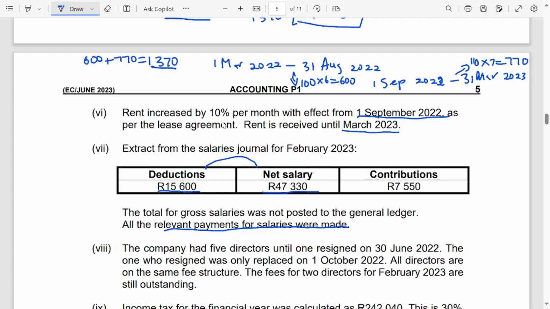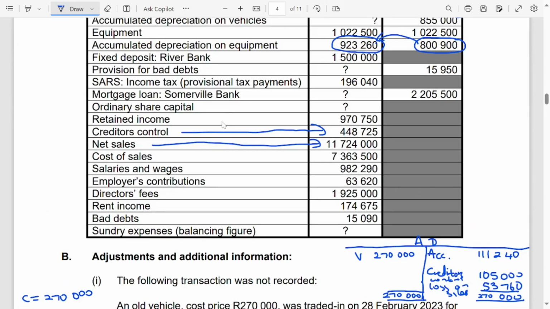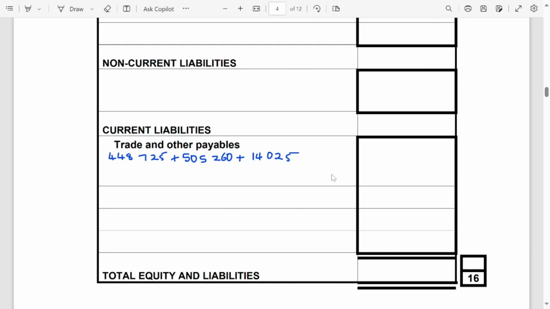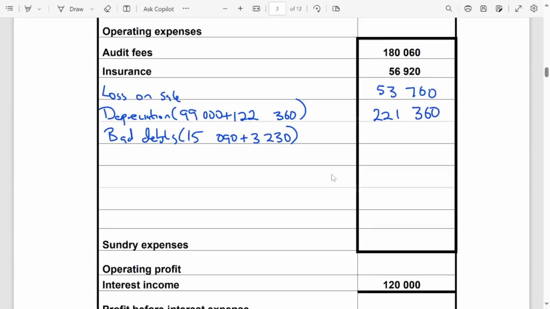The gross salary. So we must go and increase our salaries. So we have to code the salaries and wages, 982 to 90. Salaries and wages, 982 to 90.